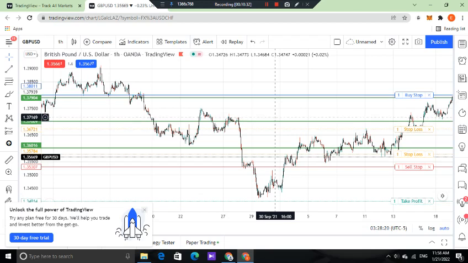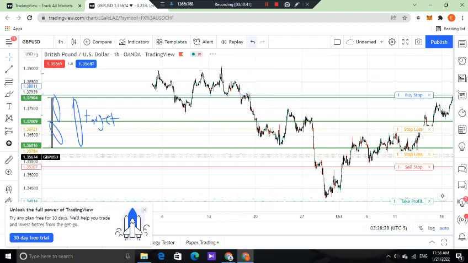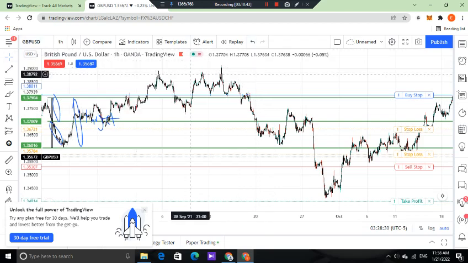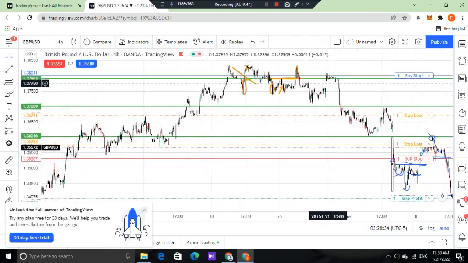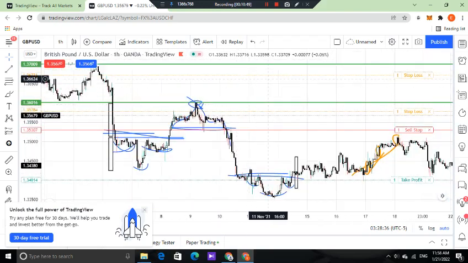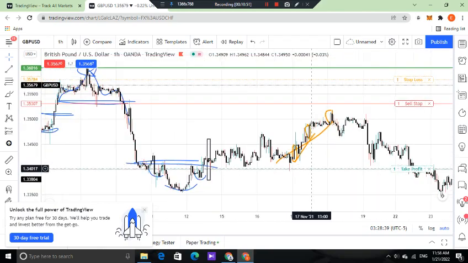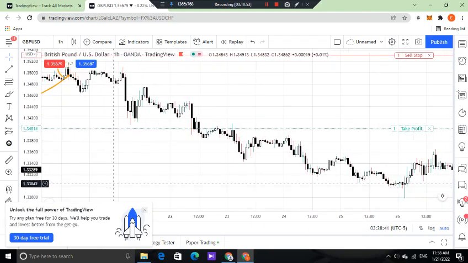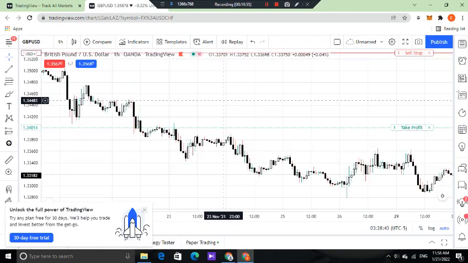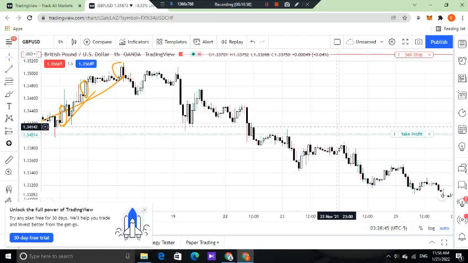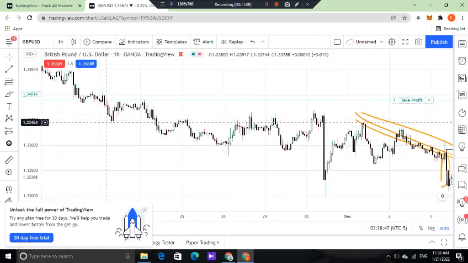When you have a measuring gap, obviously you expect to see two legs up, or two legs down if it's a bearish trend. And with an exhaustion gap, you expect to see a trading range because the trend has ended and the dominant side of the market takes their profit.